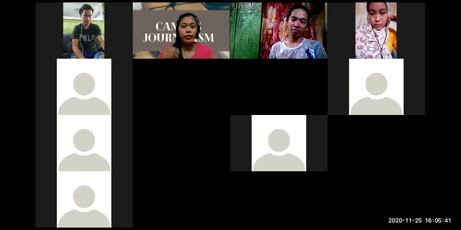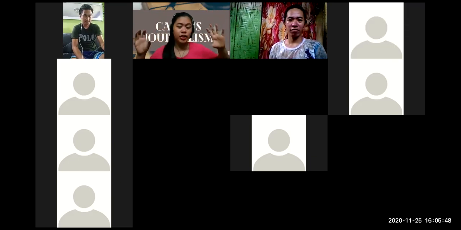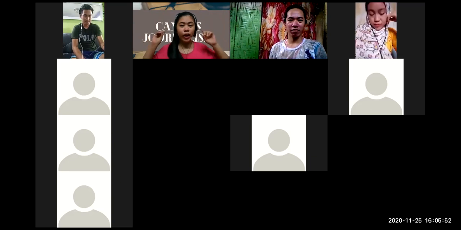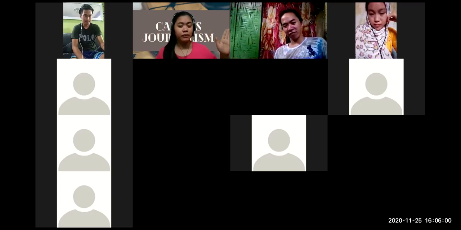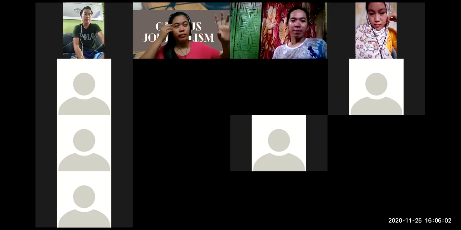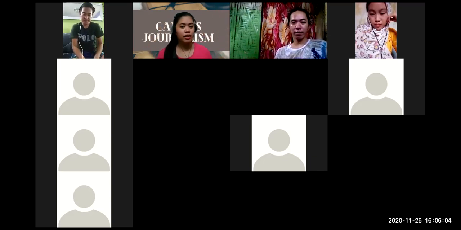That's the challenge of doing the steps the other way around, first writing your article and then after that taking pictures. That's the challenge there because you have to take the perfect photo for that article, rather than the picture being your basis to write an article. So yeah, pwede siya.